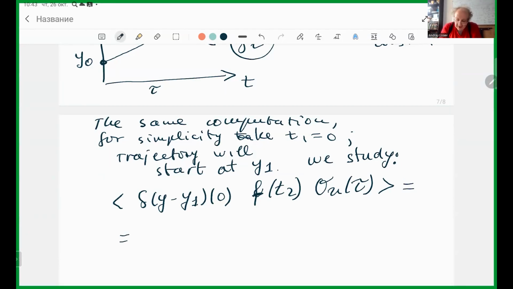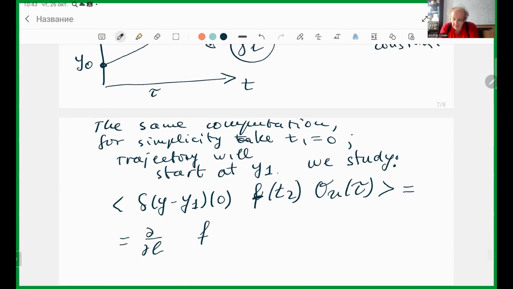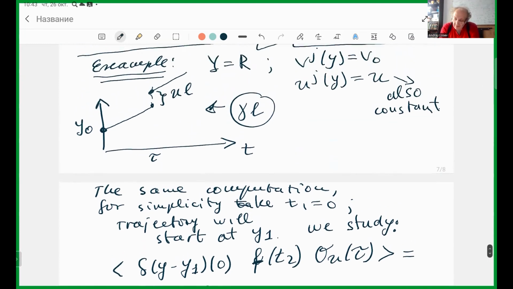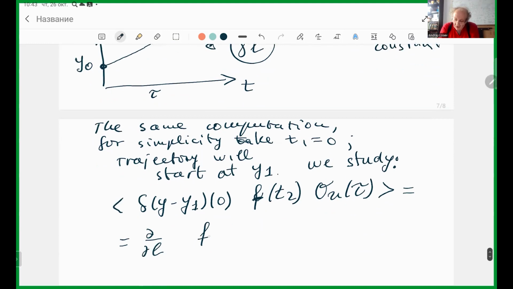So this is expected to be d over dl of what? The value of the function at trajectory gamma L at point t2. Okay?